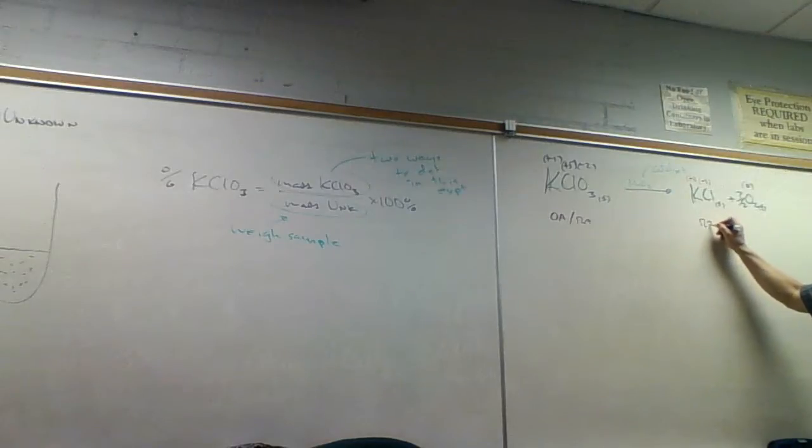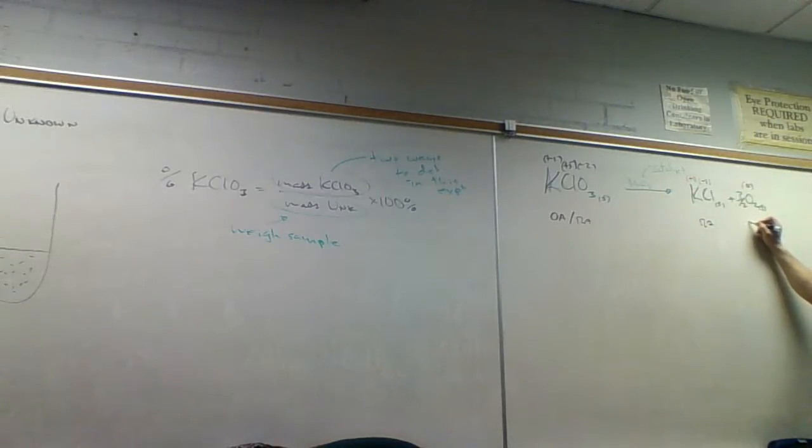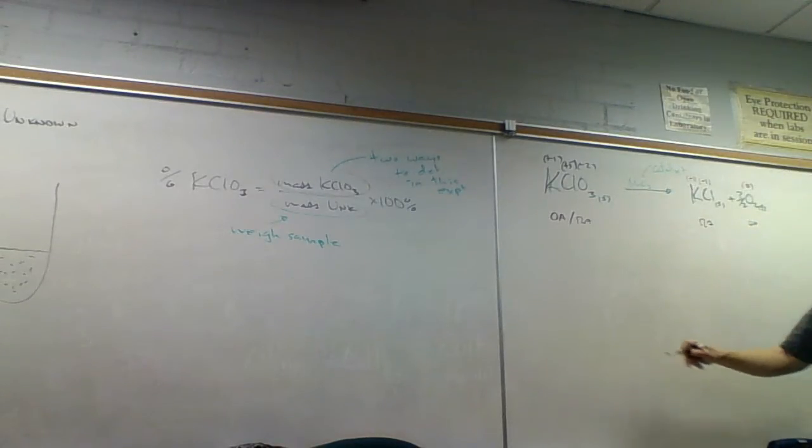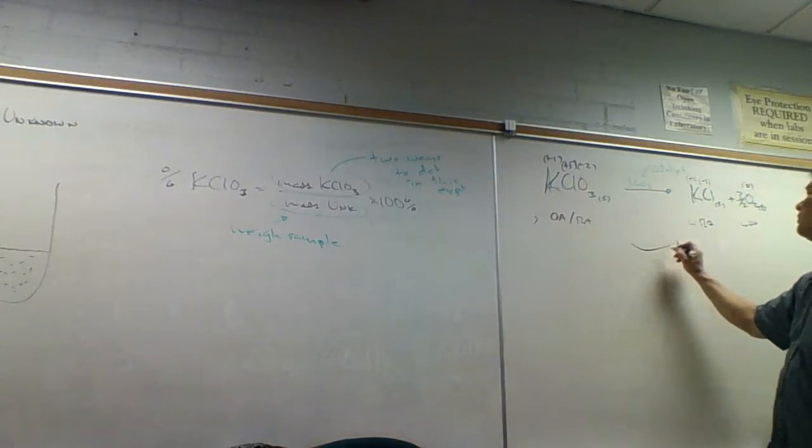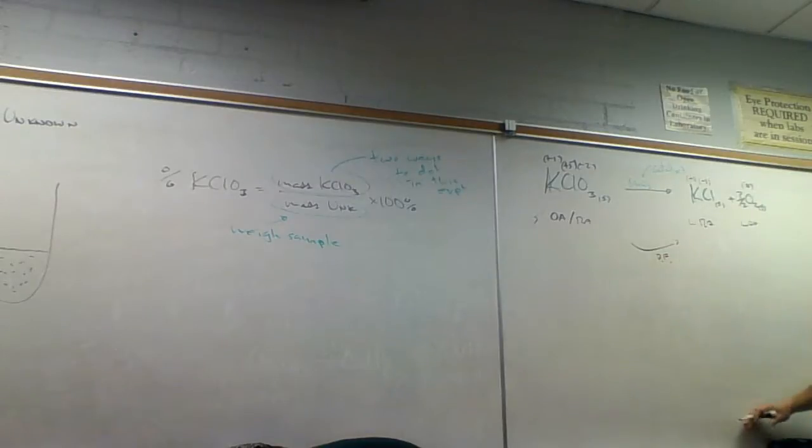This is a reducer. And oxygen? And so we must be going from stronger to weaker, otherwise there would be no reaction happening. So there is a driving force for this reaction here. And so we're going to just decompose the KClO3. We're going to end up with KCl solid and O2.